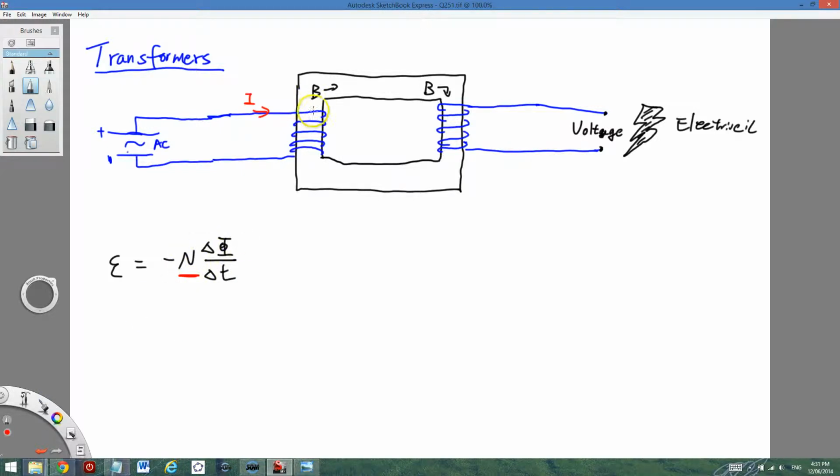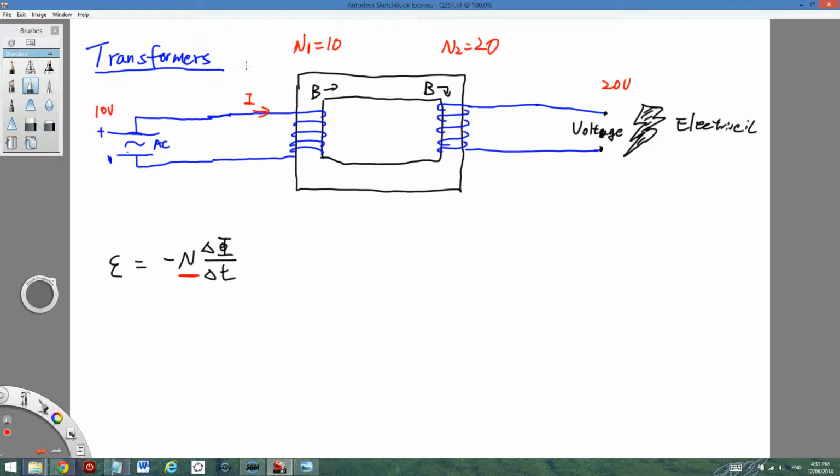On the left hand side I call this N1, where N is the number of rotations of the wire on this metal. If N1 equals 10 and N2 equals 20, and the input voltage is 10 volts, the output is going to be 20 volts. They doubled.